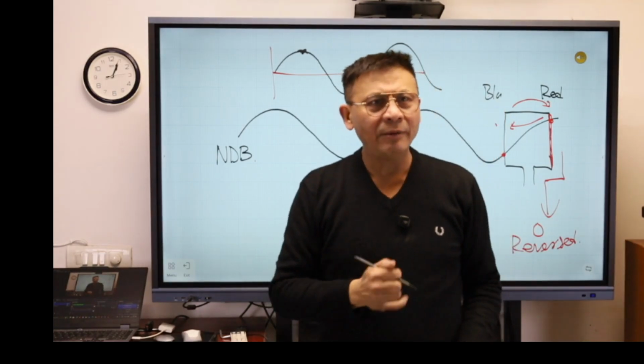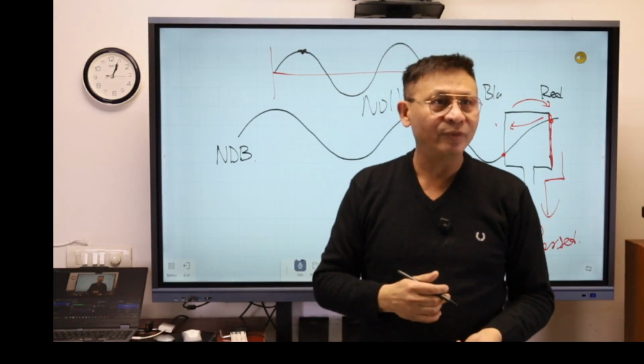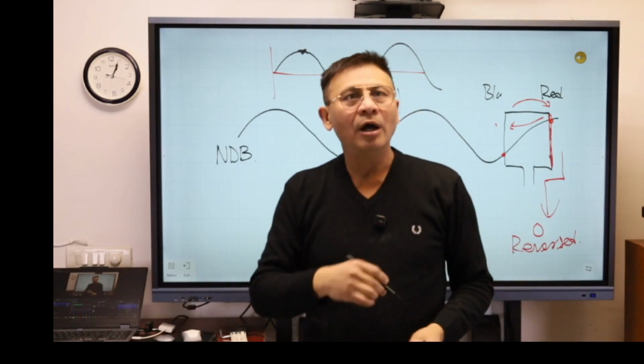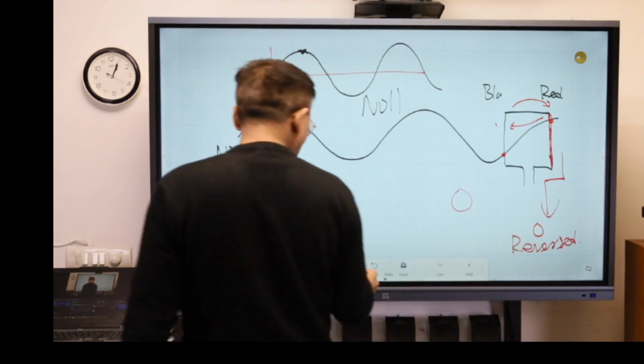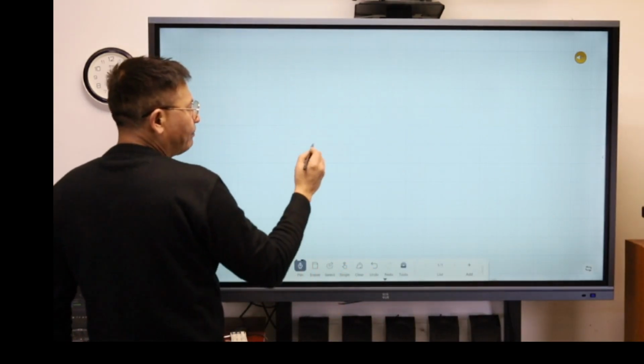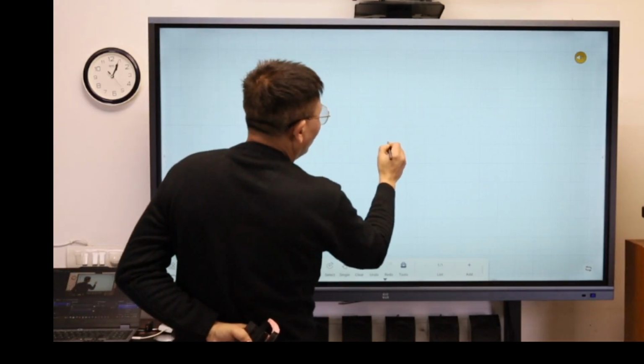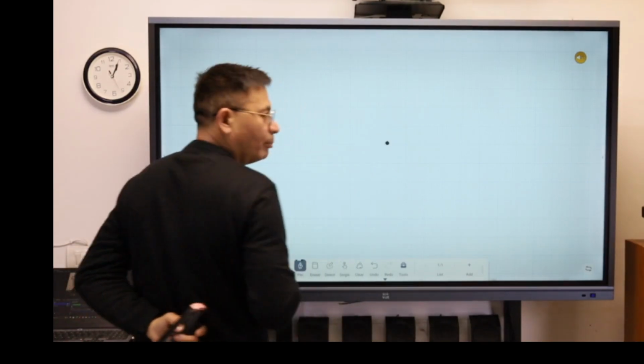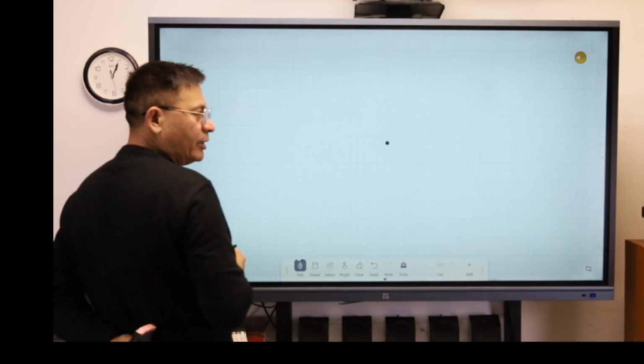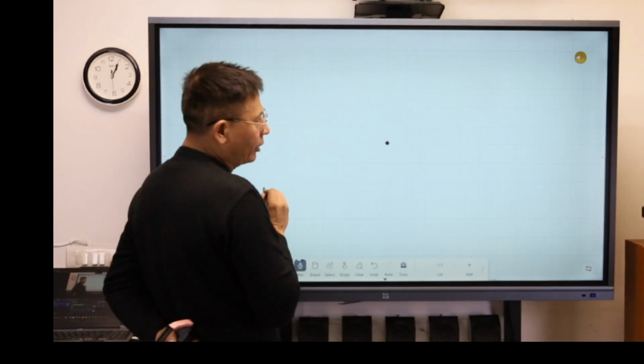So now let me draw a polar diagram of this loop antenna, that is how the current varies. As we see, when the antenna is perpendicular to the direction from which the wave is coming, there will be no current generated.